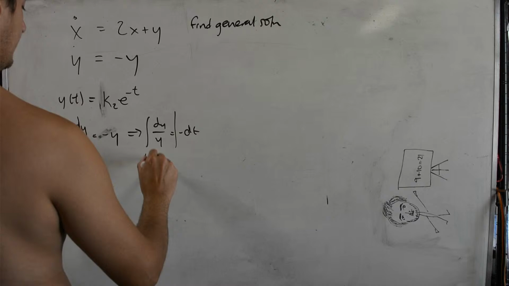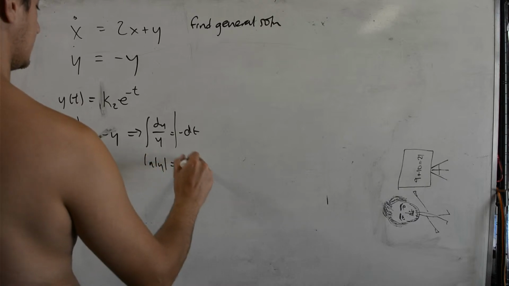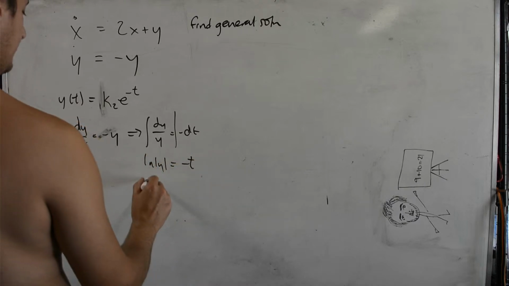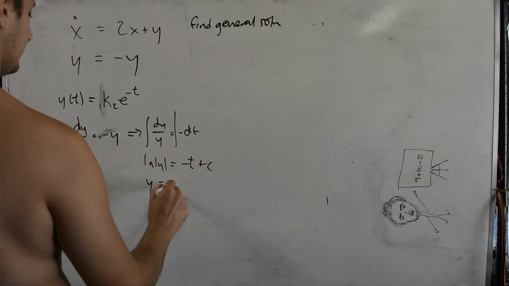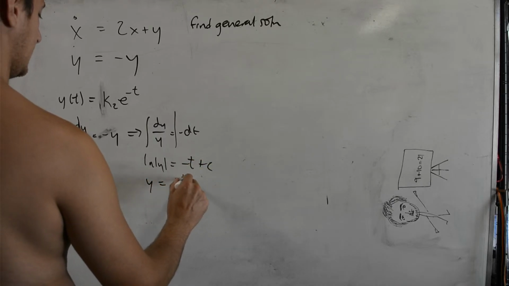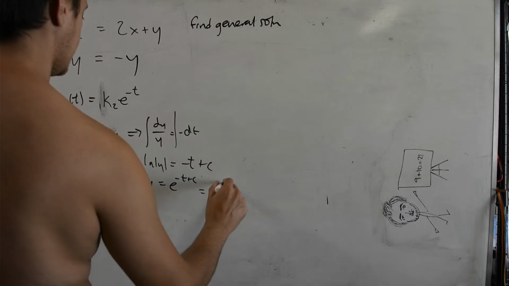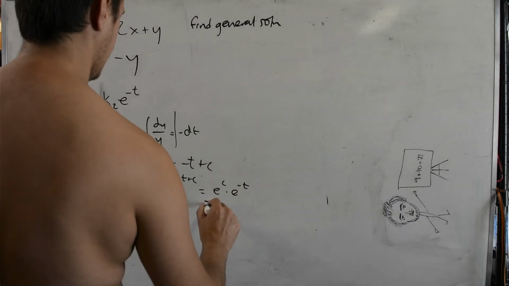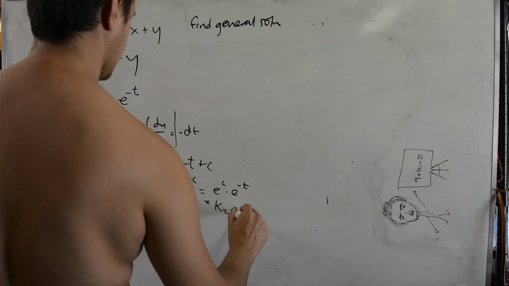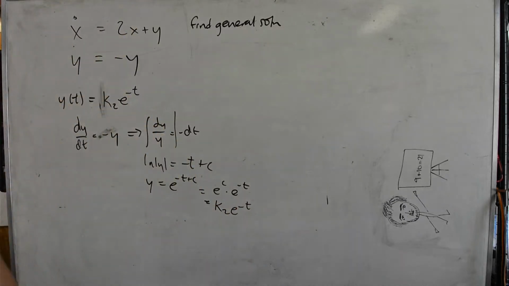You get ln of y is equal to minus t plus c, then you get y is equal to e to the minus t plus c, which is e to the c times e to the minus t, which is k2 e to the minus t. Okay.